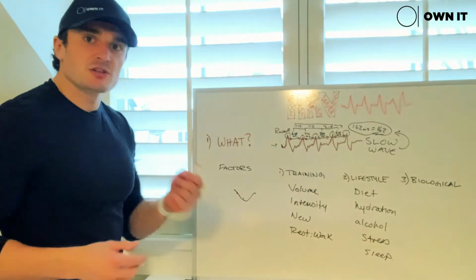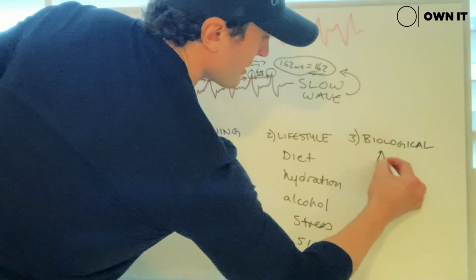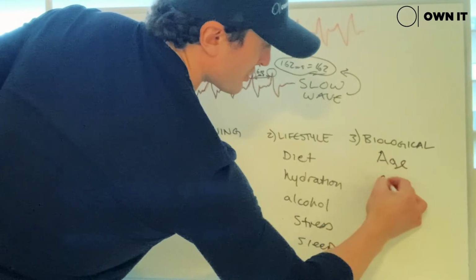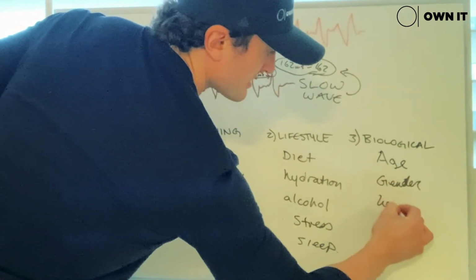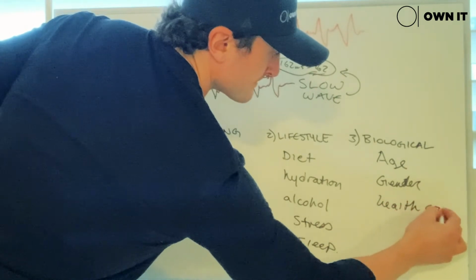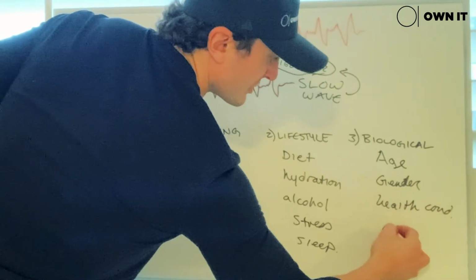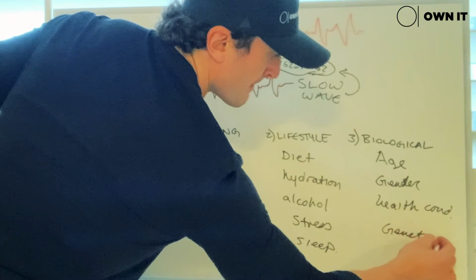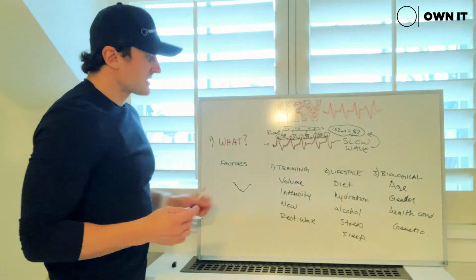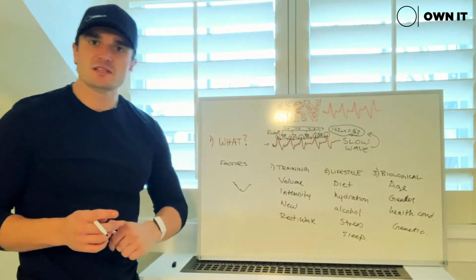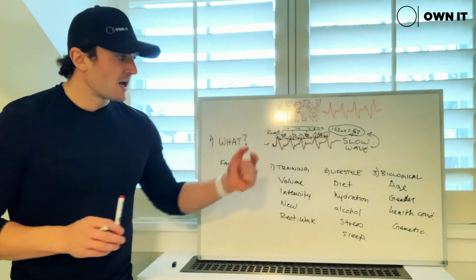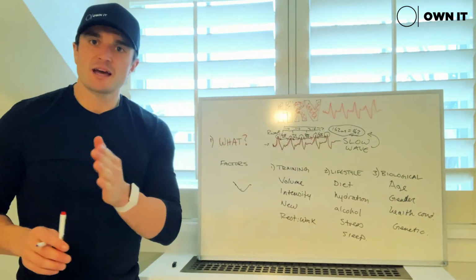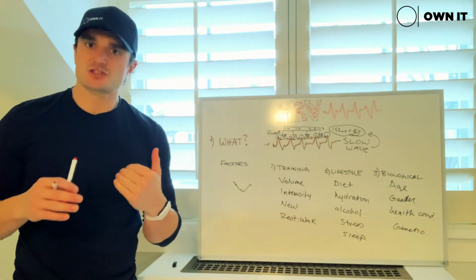And what that biological looks like is your age, your gender, health conditions, and your genetics. So your age, obviously we saw on the previous slide, the older we get, the more depressed that HRV is going to get.